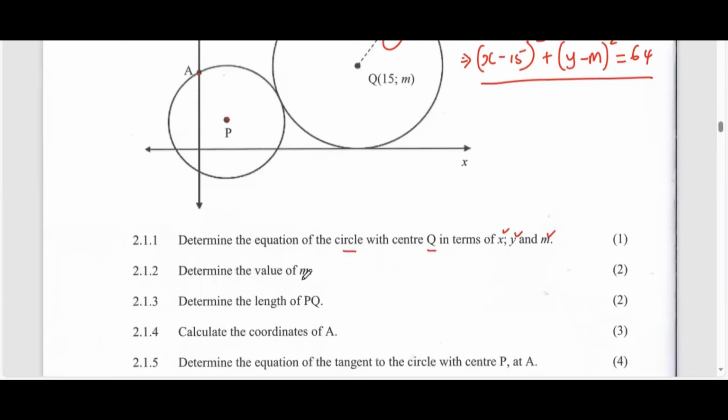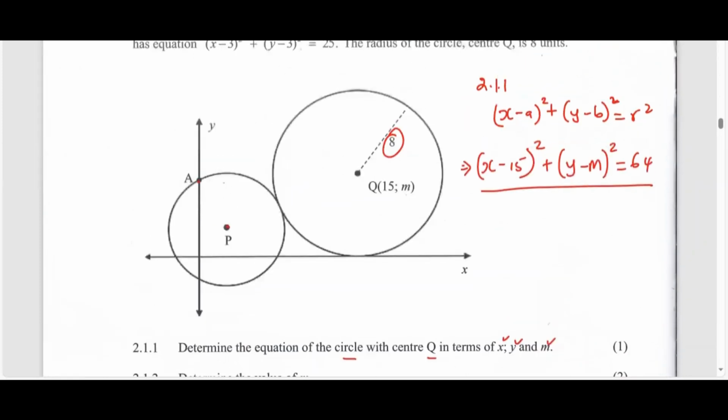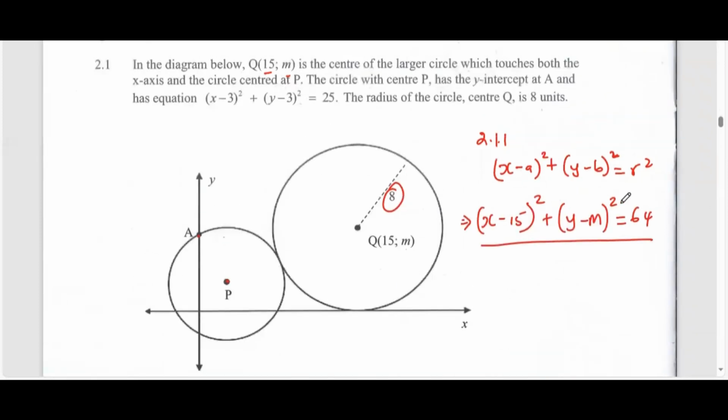Then determine the value of m, 2 marks. Value of m. All right, so there was a statement that was given to us. They told us that the larger circle touches the x-axis. That is important. Then they told us that the radius of the circle is 8 units.